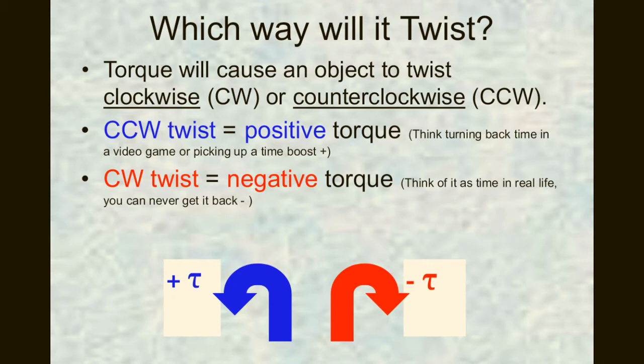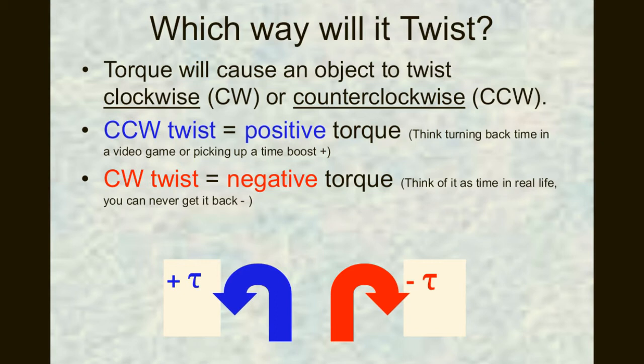You can do that in a video game. Think about a little racing game or some challenge where you pick up a time boost. Well, that's positive. So if it's going counterclockwise, going backwards in a video game, you're gaining back time. So in this case, I would say that's positive. Just remember that. That's, to me, a lot easier to remember.